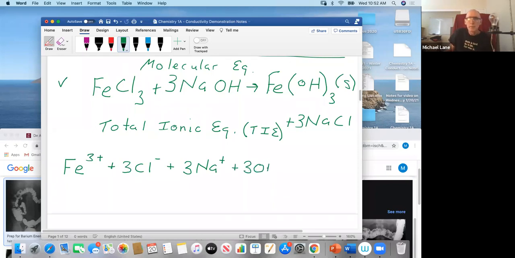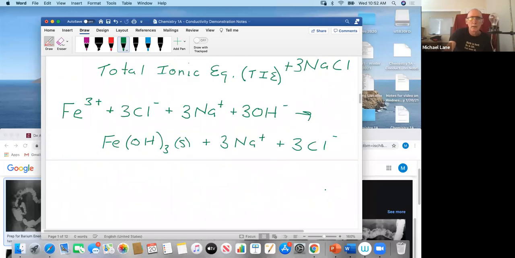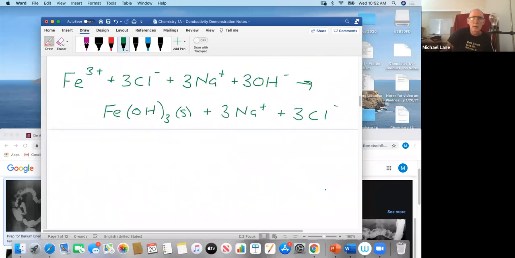Excuse me. So that's everything on the left. On the right, the iron hydroxide is a solid. The sodium chloride remains as ions. So that's the total ionic equation right there.